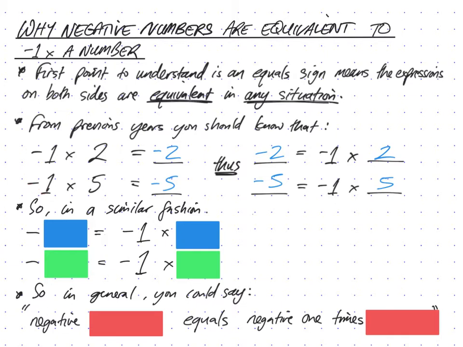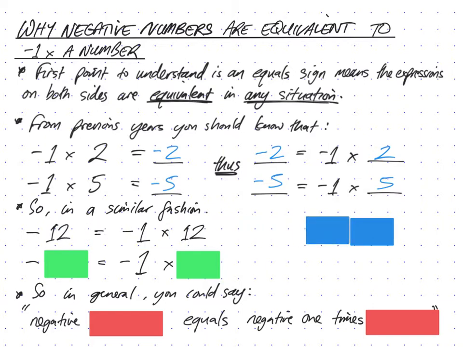So basically in a similar fashion, negative this box. I don't know what's in this box, but based on the information that I've just done with a couple of examples, negative this box is achieved by multiplying the box by -1. Okay? And so I'm going to reveal what these boxes are. -12 is equivalent to -1 times just 12.